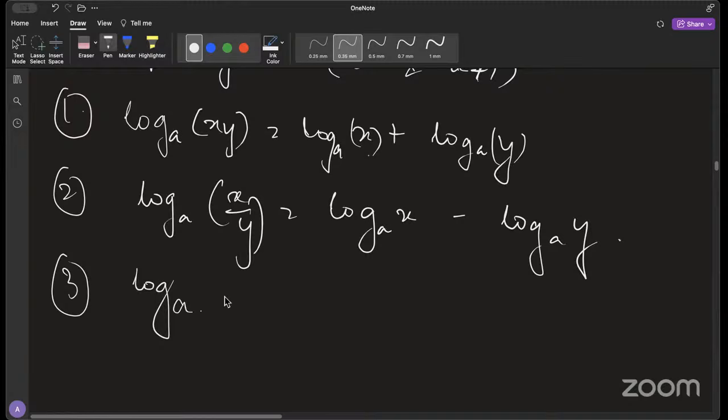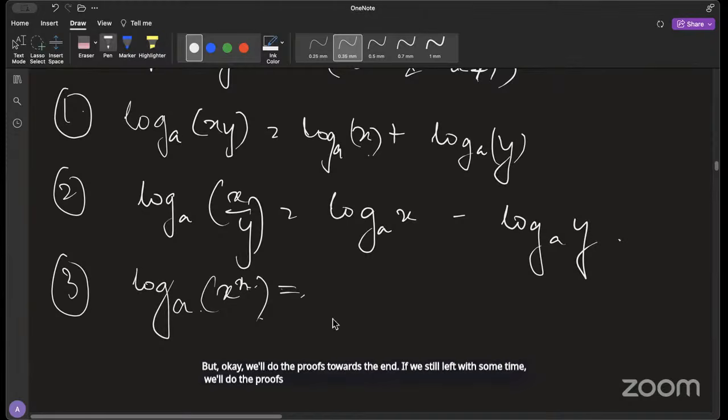Then we have log base a of x to the power n. We have proofs of these properties, but okay, we'll do the proofs towards the end. If we're still left with some time, we'll do the proofs of these properties too.